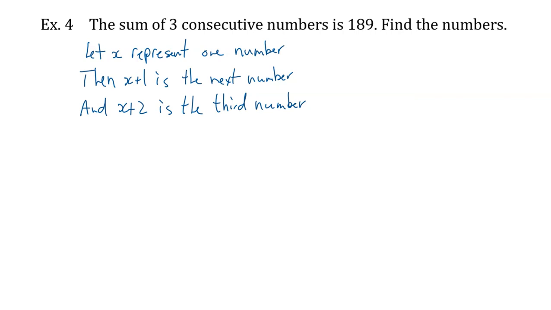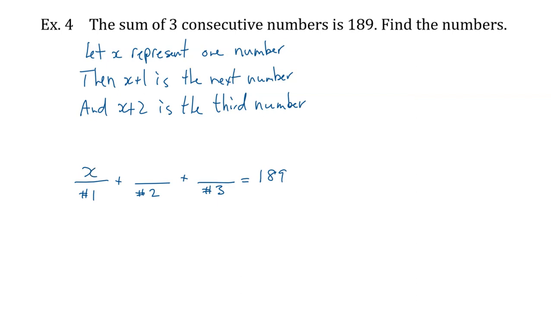The sum of 3 numbers. Number 1, whatever it is, plus number 2, plus number 3 is 189. What's the first number? x.